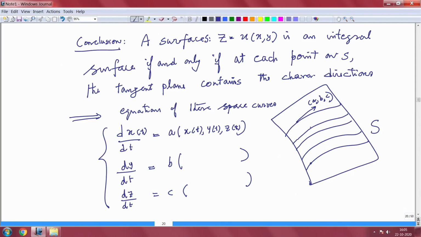Conversely, I can make a surface using my characteristic curves, and that surface becomes an integral surface. So, it is both ways you can do it. Given a surface, if it can be decomposed into characteristic curves, it will be an integral surface, or if you have a surface formed using the characteristic curves, that surface will become an integral surface.